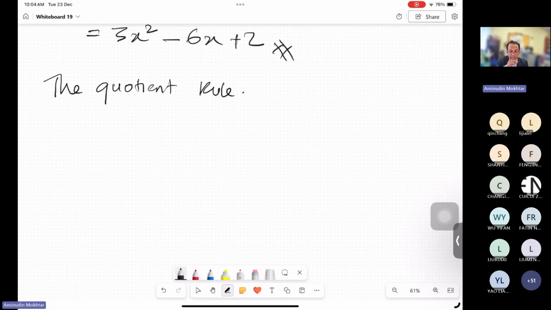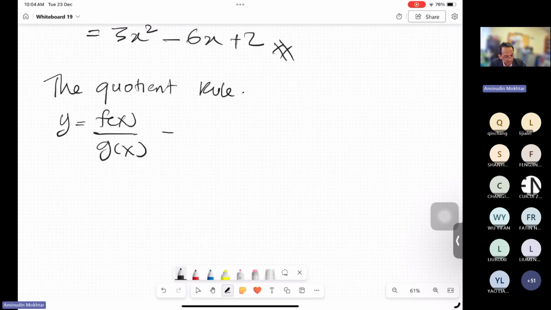The quotient rule again: we have this function y equal to f(x) divided by g(x), the ratio function.